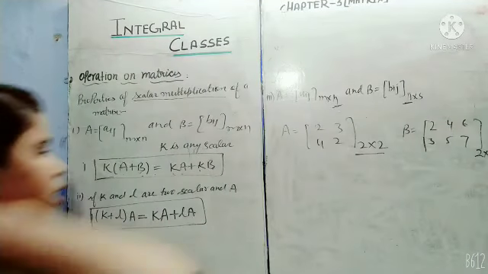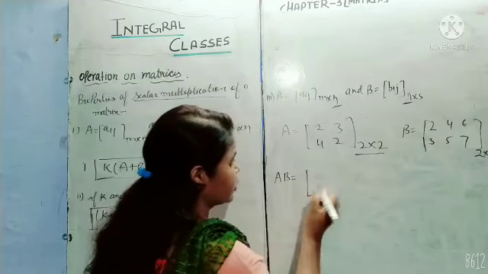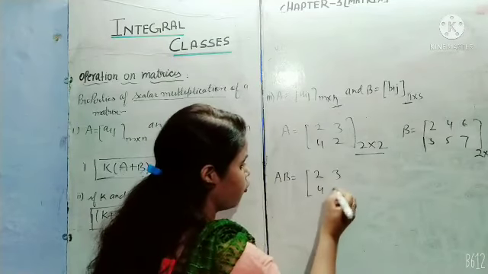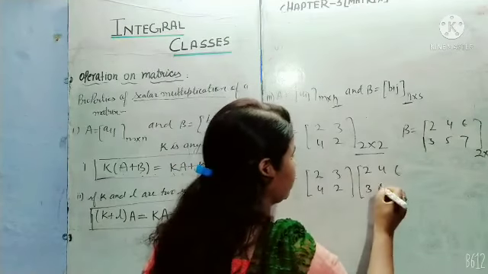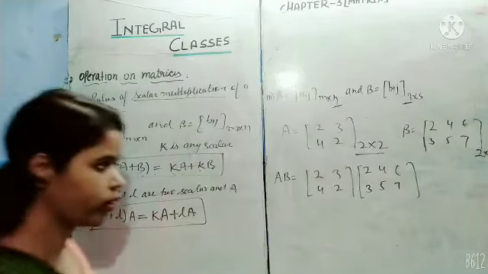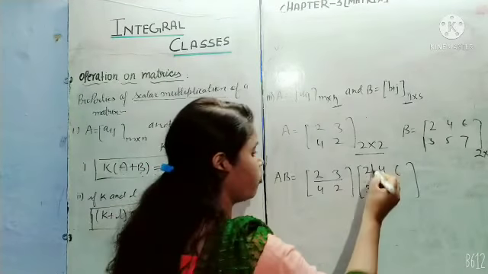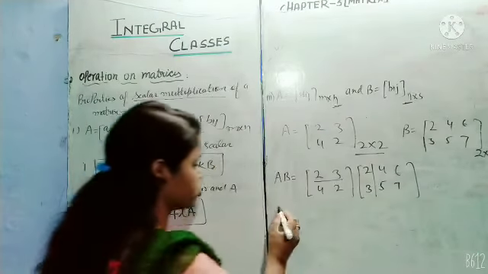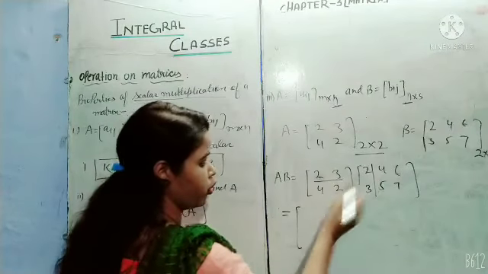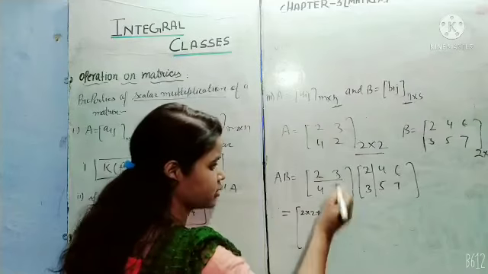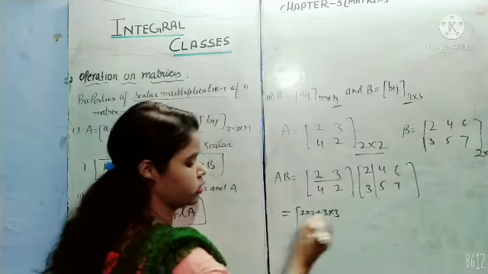So how can we multiply? A B equals what? First we will write 2, 3, 4, 2 and 2, 4, 6, 3, 5, 7. Firstly we will multiply the first row by the first column: 2 into 2 plus 3 into 3.